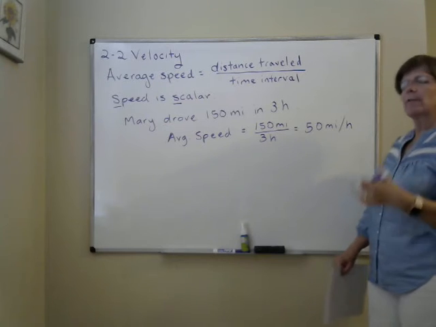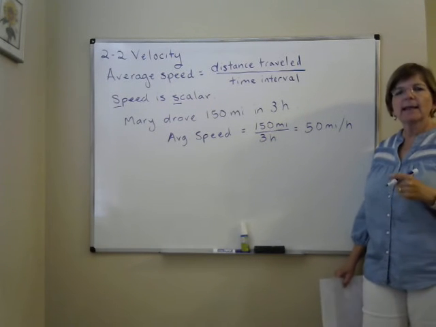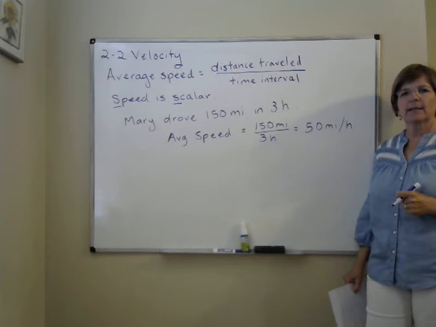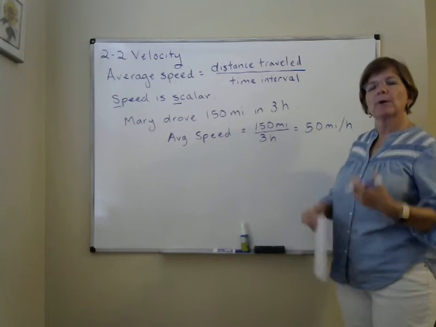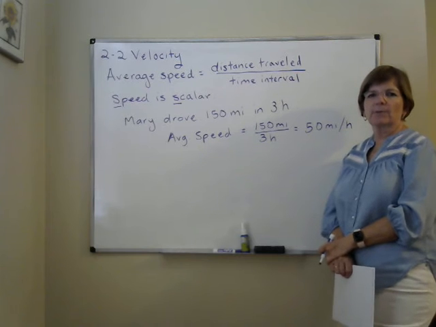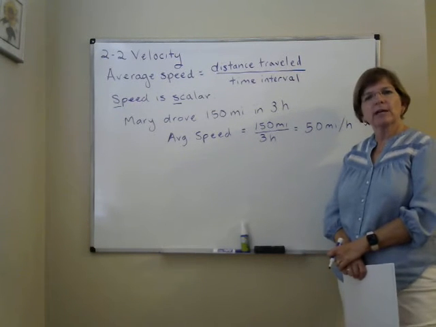Now notice when I find her average speed, it does not tell me anything about instantaneous speed. Part of that time she might have been going 70 miles per hour. Part of that time she might have been 35 miles per hour. Part of that trip she may have been parked at Sonic getting a large Diet Coke.